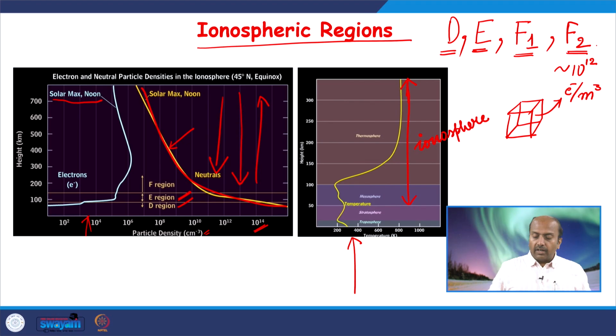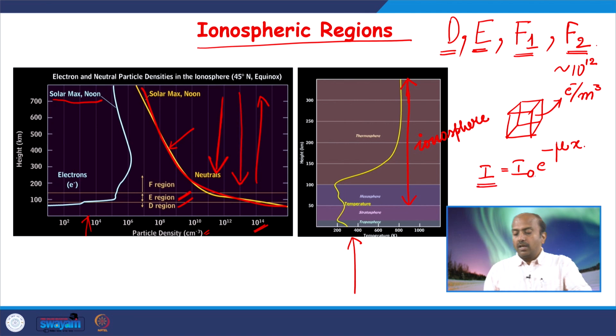So the intensity of the incoming radiation, because radiation is traveling from the top towards the bottom, I equals I naught e to the power of minus mu x. What is mu? Mu is the attenuation coefficient. So as the radiation is moving towards the surface, the intensity of radiation is decreasing exponentially.